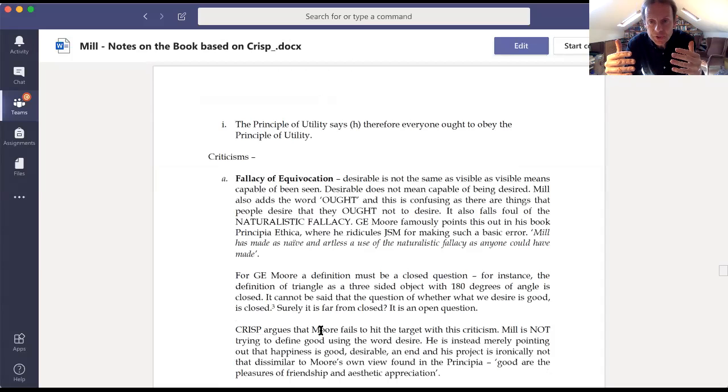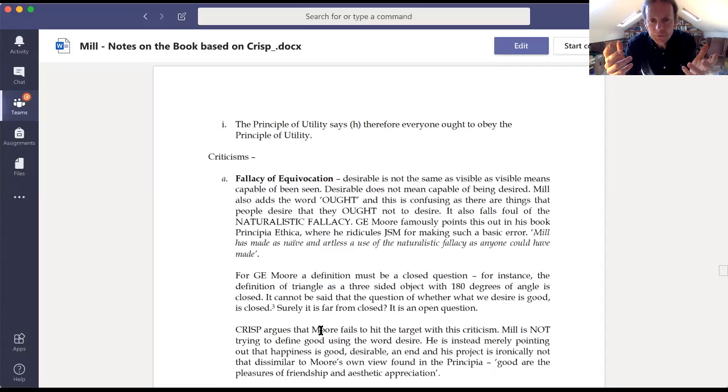Goodness equals pleasure. Now, if that were true, those would be synonyms. There wouldn't be an open question, but is pleasure always good? Is pain always bad? If you were just to say good is good, that would be a closed question. Of course, they're the same thing. But if you can ask an open question, is it always good?